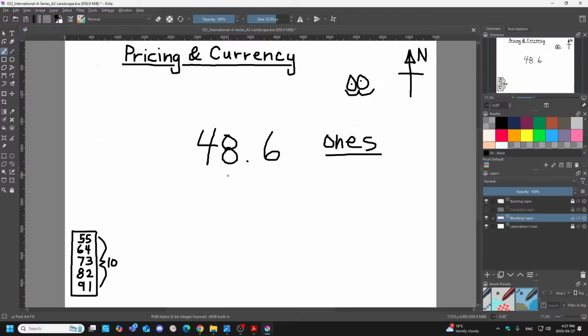That's right there. 6 is greater than 5. Therefore, we're rounding up. So 8 becomes 9. And that's rounding to the nearest ones. Essentially we're dropping that.